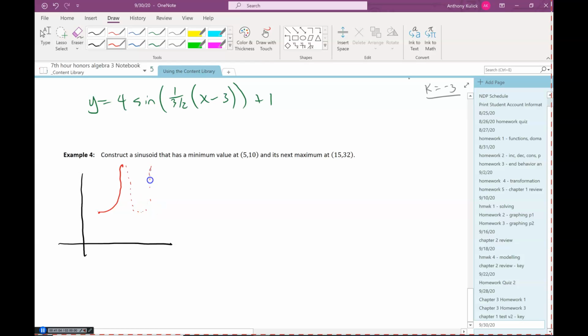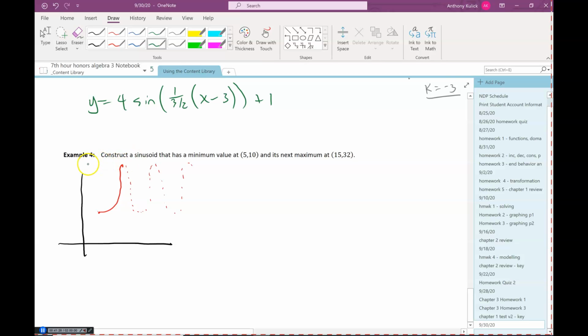So it's kind of doing one of these. Is everybody okay there? Okay. So it should be easy to see how to find the amplitude, right?